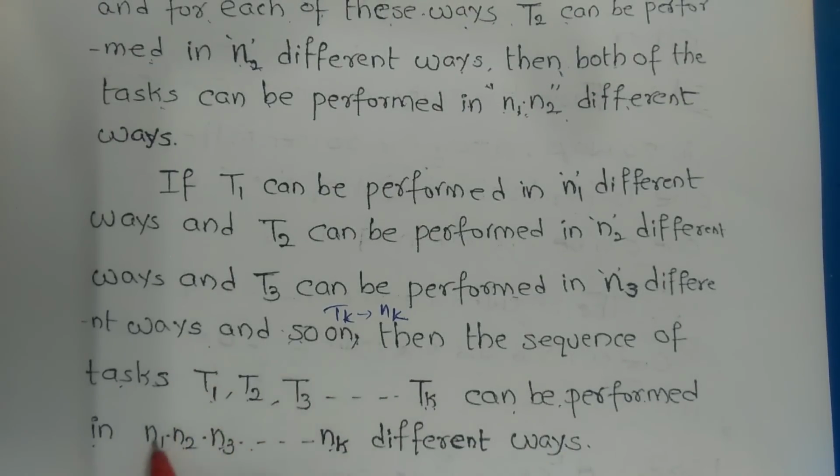So T1 has N1 different ways, T2 has N2 different ways, T3 has N3 different ways, and Tk has Nk different ways. Whenever such a situation is there, you just take the product of all the different ways.